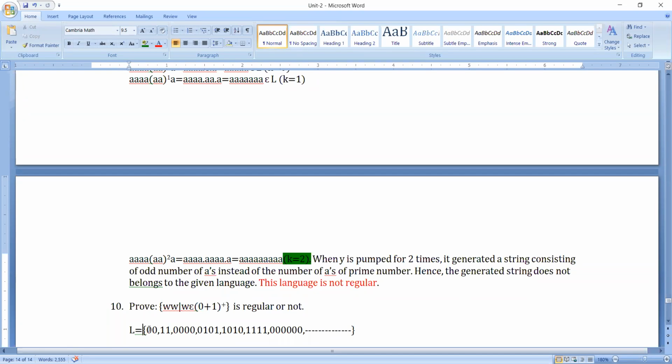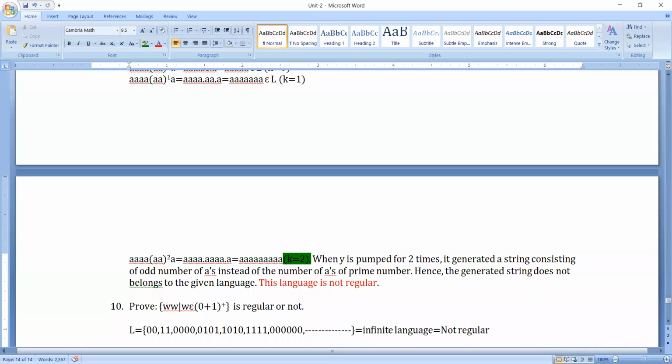So that is the reason why we say that even though this is an infinite language, this language is not regular.